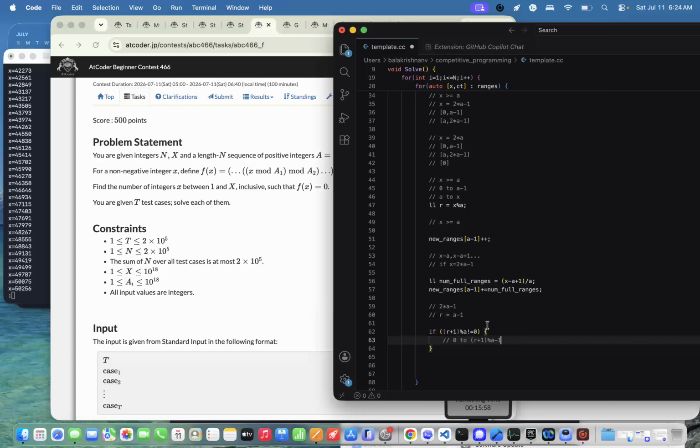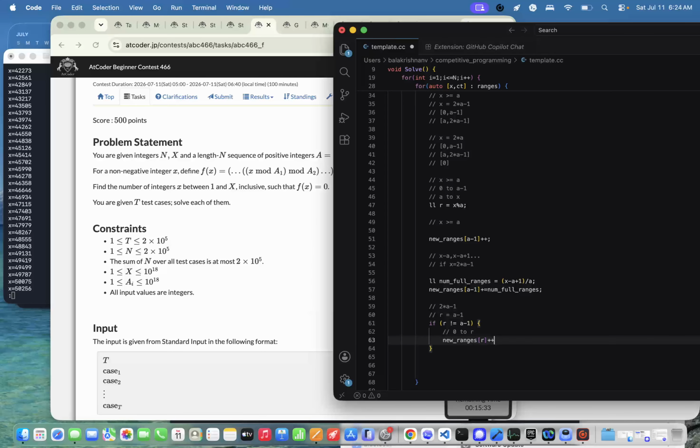If R is A minus 1, that's what it means. 0 to R. Yeah.